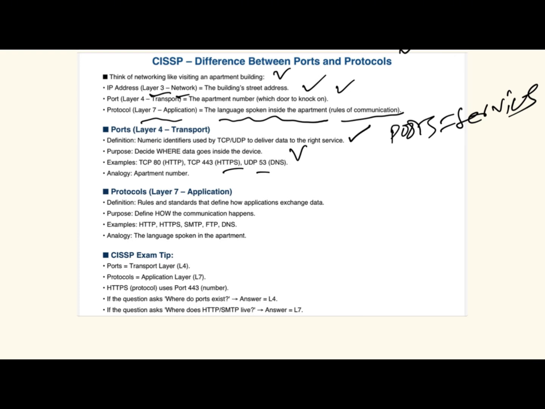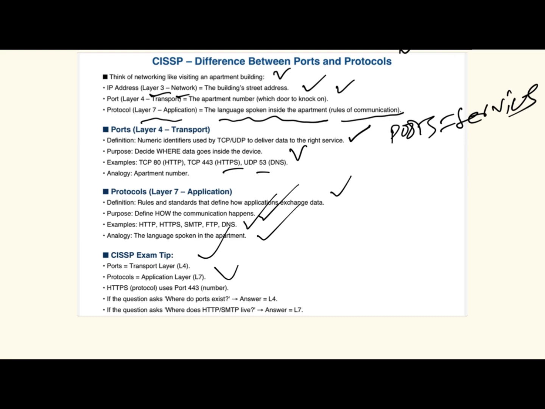So protocol, layer 7 application, defines rules and standards that define how applications exchange data. So it defines how the communication happens. Example: HTTP, HTTPS, SMTP, the language spoken in the apartment. So ports are layer 4, protocols are layer 7.